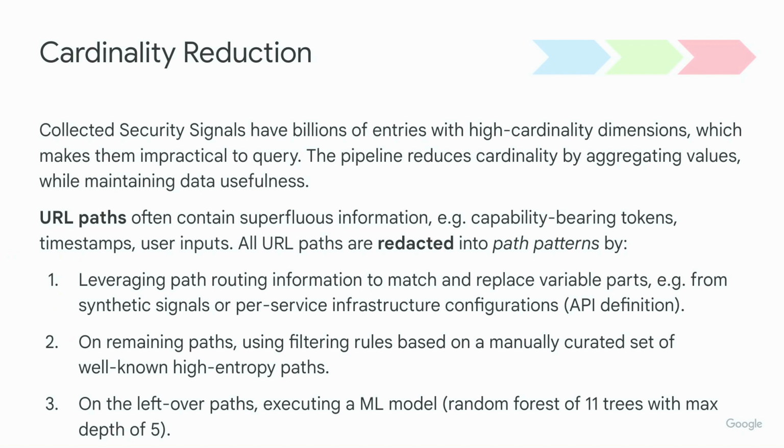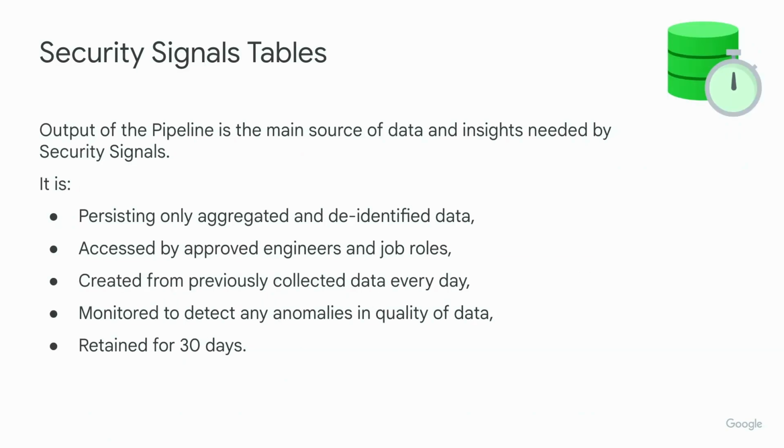So after running this 3-step algorithm, we are pretty sure that our paths, or path patterns, at this point in time, are not redundant, and they don't have any sensitive information at all. All of that ends up in the security signals table.